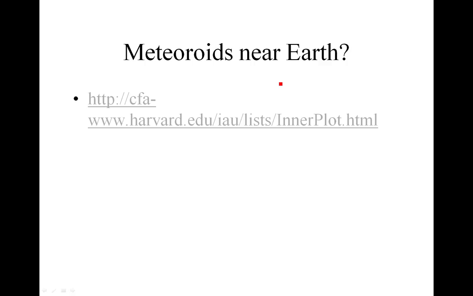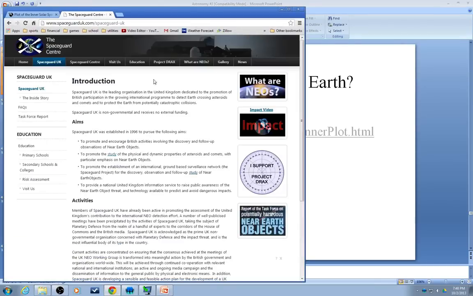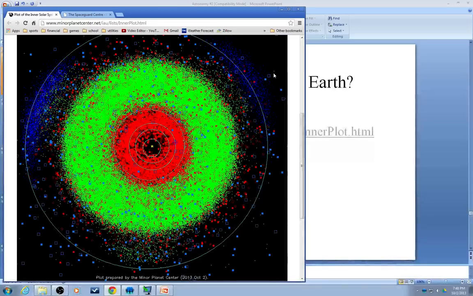Are there lots of meteoroids near the Earth? Yes, there are. So let me show you this. This is showing you kind of real time today, October 2nd, 2013, when I was making this, of all the different meteoroids that we are currently plotting. We're plotting them because they could endanger the Earth or a spaceship or a satellite.